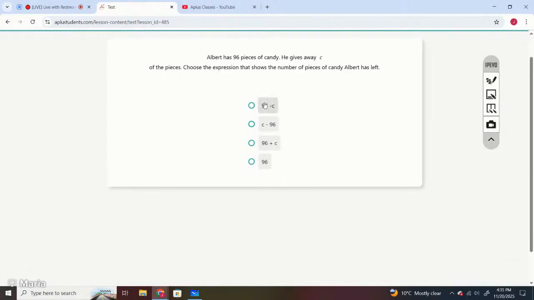Albert has 96 pieces of candy. He gives away C of the pieces. Choose the expression that shows the number left.